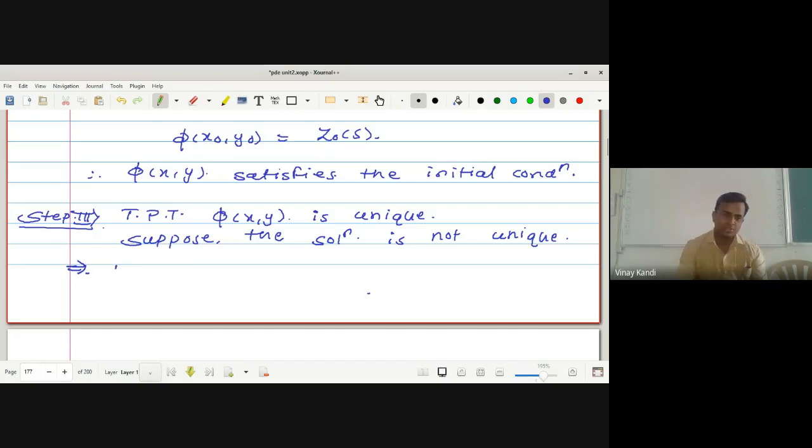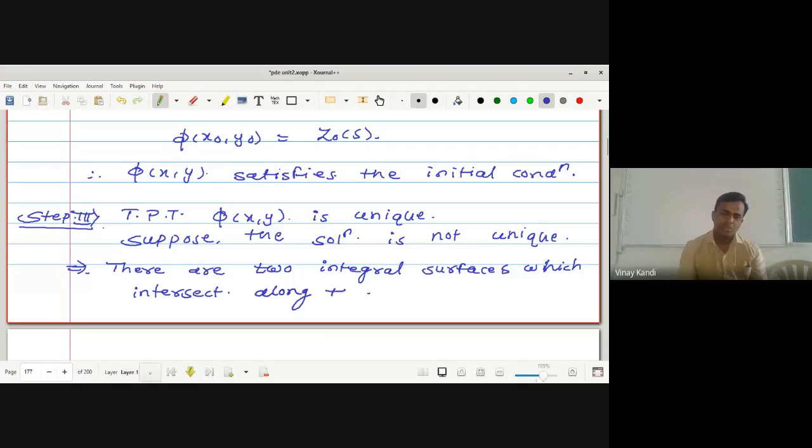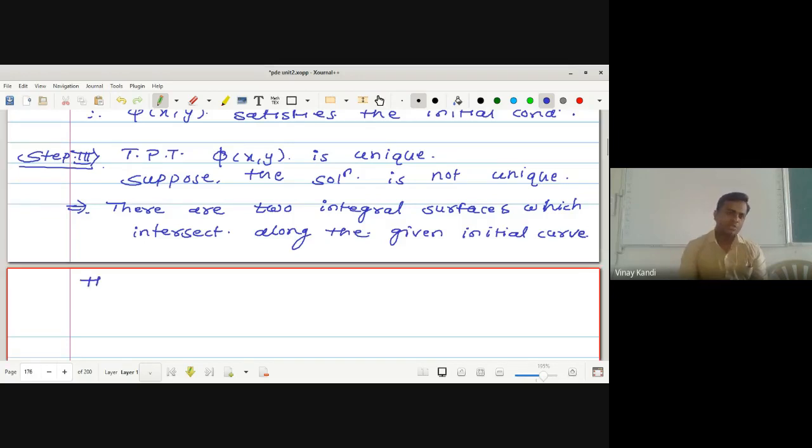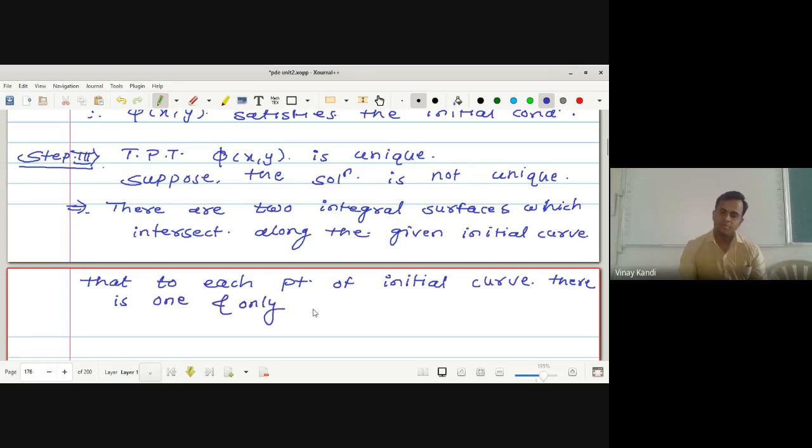There are two integral surfaces which intersect along the given initial curve, such that to each point of the initial curve there is one and only one characteristic curve.